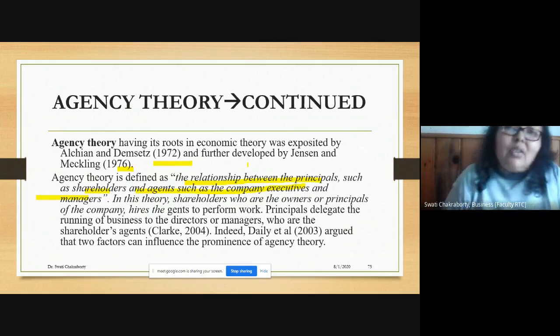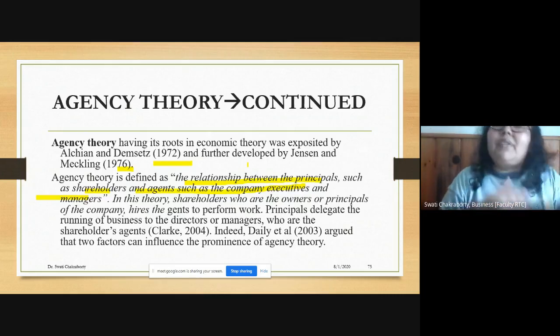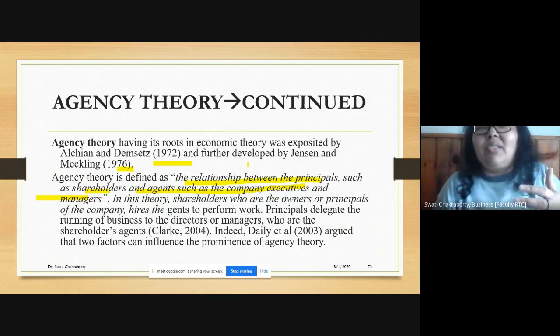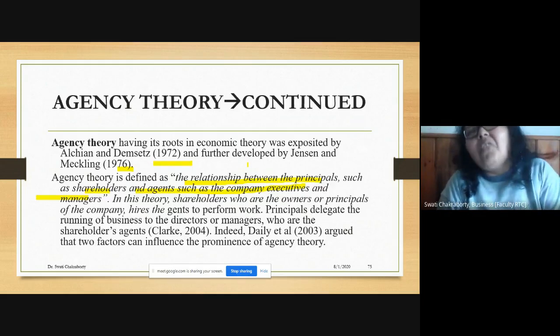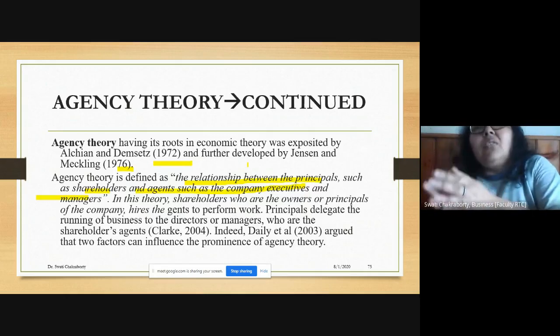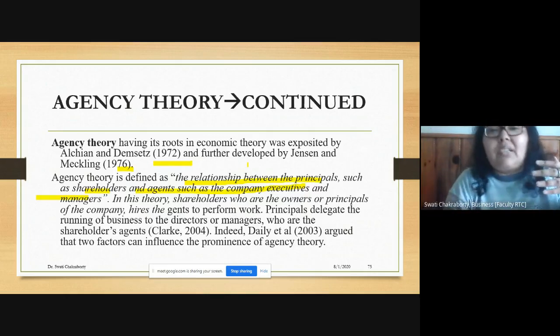Why? Shareholders are investing money for the business. The executives and the managers utilize this money for running the business. So they are working on behalf of the shareholders because they're using their money. Whoever gives money is the main person, right?